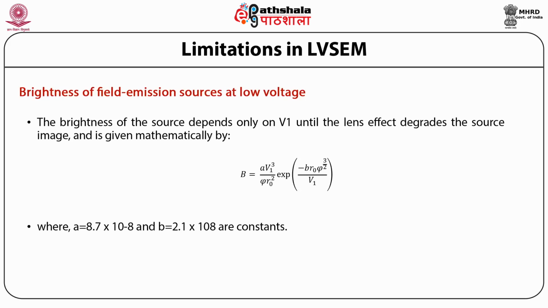Field emission sources have been known to produce high brightness but are commercially limited for the following reasons. First, the requirement of 10 to the power minus 8 Pascal, or 10 to the power minus 10 torr, vacuum in the range around the emitter tip.